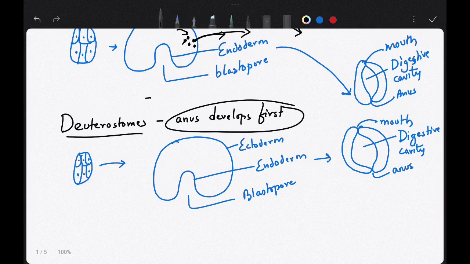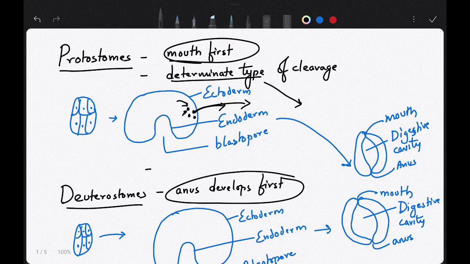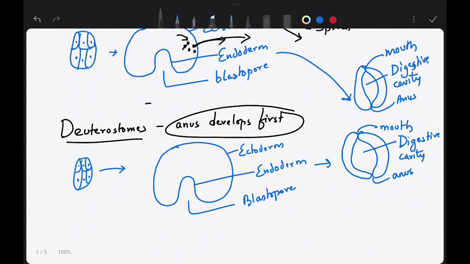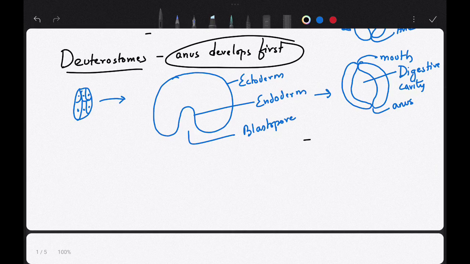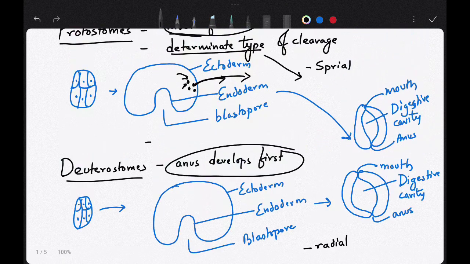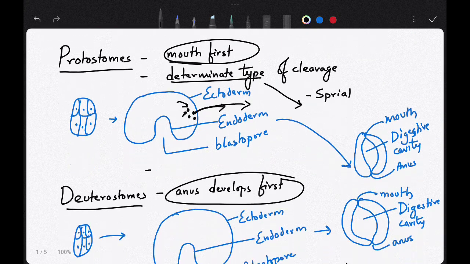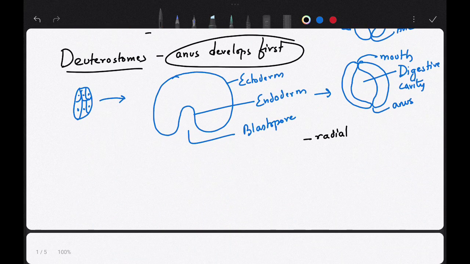One more major difference is that protostomes show spiral cleavage, and deuterostomes show radial cleavage. Protostomes have determinate type of cleavage, and deuterostomes have indeterminate type of cleavage.